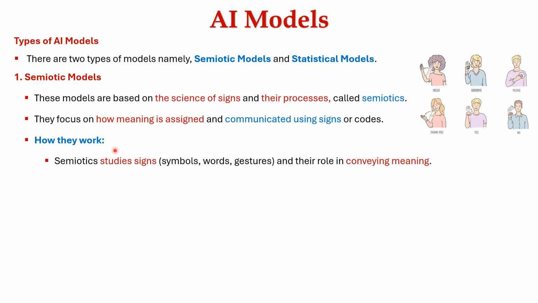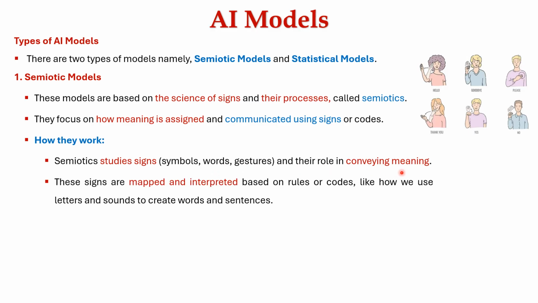Semiotics studies signs, that is about symbols, words, gestures, and their role in conveying the meaning. These signs are mapped and interpreted based on rules and codes, like how we use letters and sounds to create words and sentences.